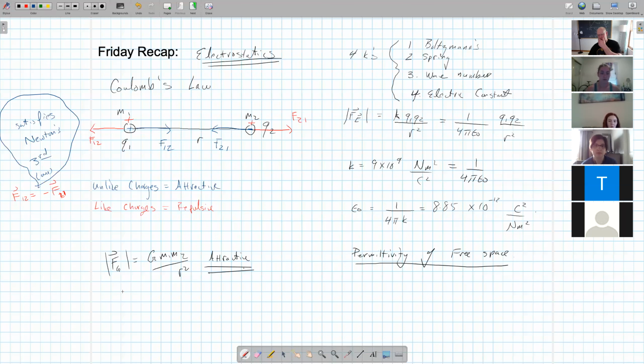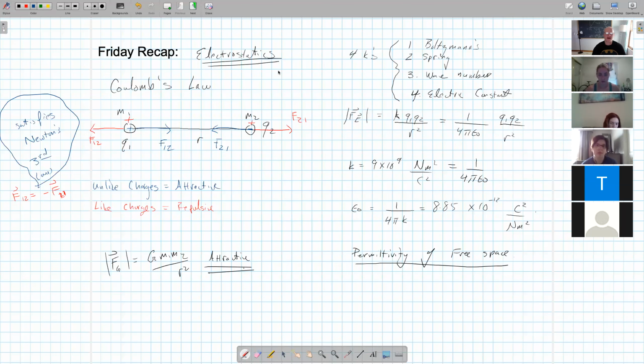Now, one thing to note that I didn't talk about last time, it turns out that when I compare Coulomb's force here to the gravitational force, Coulomb's force is much, much, much stronger. So Coulomb's force will always be dominant over gravitational force.